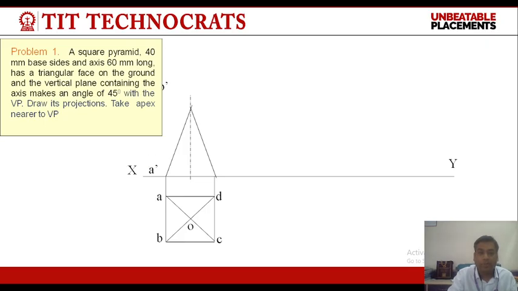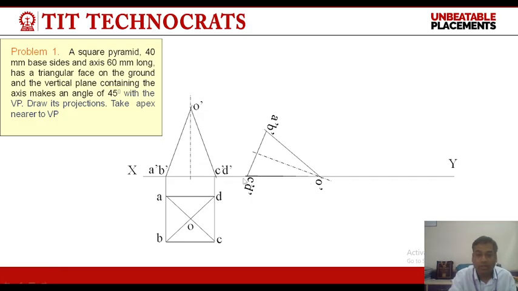So we will copy step 2 in step 3 in such a way that the triangular face OCD, which is the line in front view, that is O dash, C dash, D dash, is kept on the XY line, which means the triangular face is lying in HP.